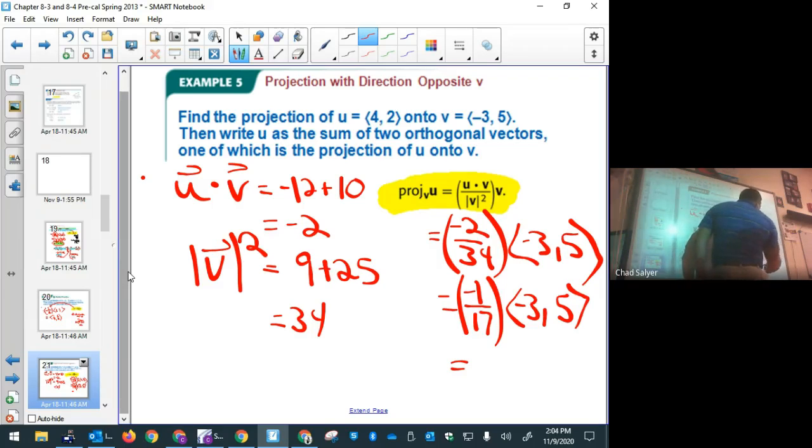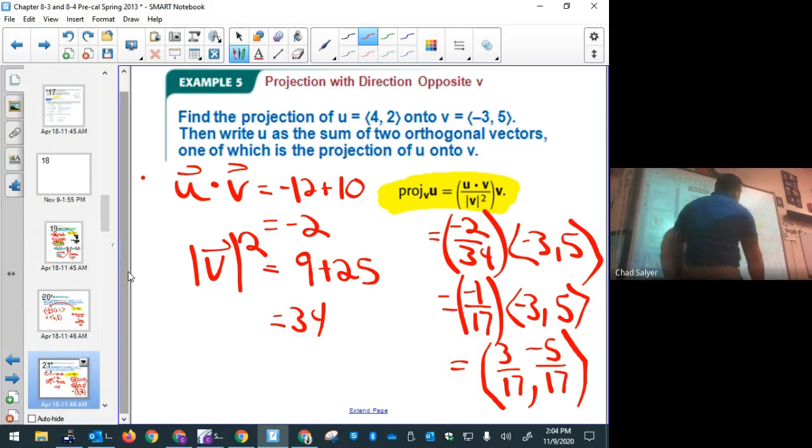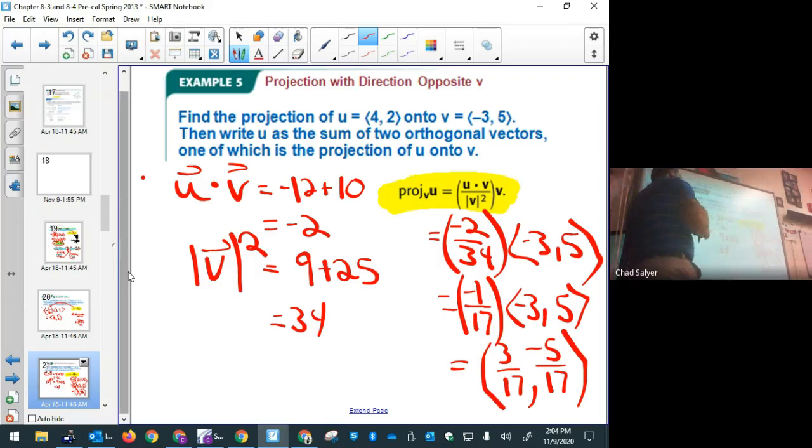It is my hope that you can do those calculations anyway. So negative times a negative is positive. Then negative times a positive is negative. So 3 over 17 comma -5 over 17. That is the projection of U onto V. We'll forego the second half of the problem again.